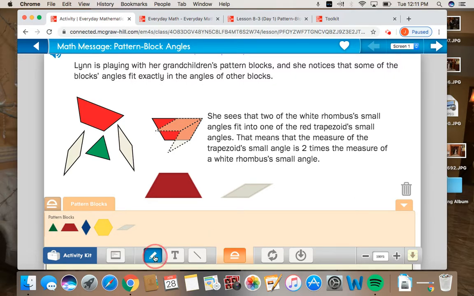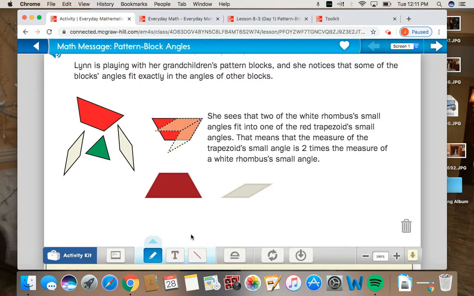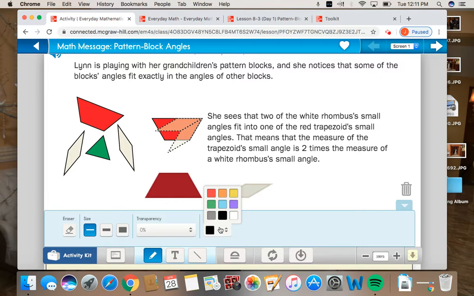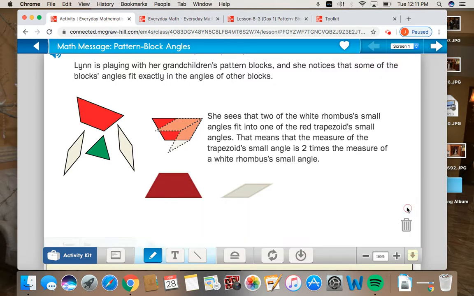So let's see. I'm going to trace over where they're showing you the angles are. So this one right in here, this angle, that is the red trapezoid's small angle. And this one up here would be the large angle. And here's another one of the red trapezoid's small angles.